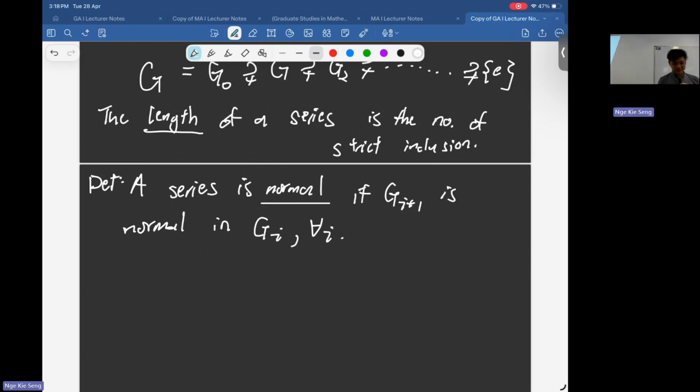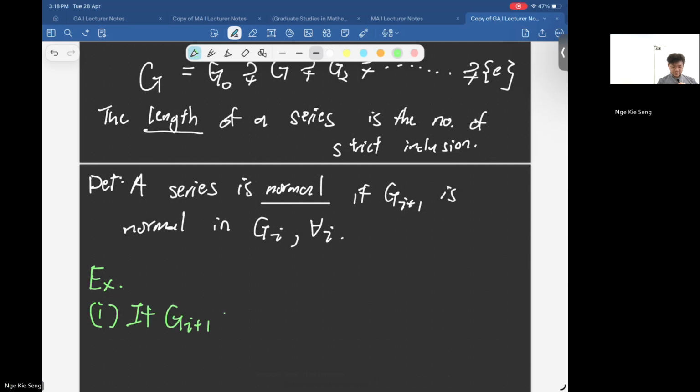Maybe I give you one question, maybe two questions you can think about. The first question is, if G_{i+1} is normal, we have a notation for normal, the triangle, right? The angle is the wrong way around, this is a subgroup, then like this.